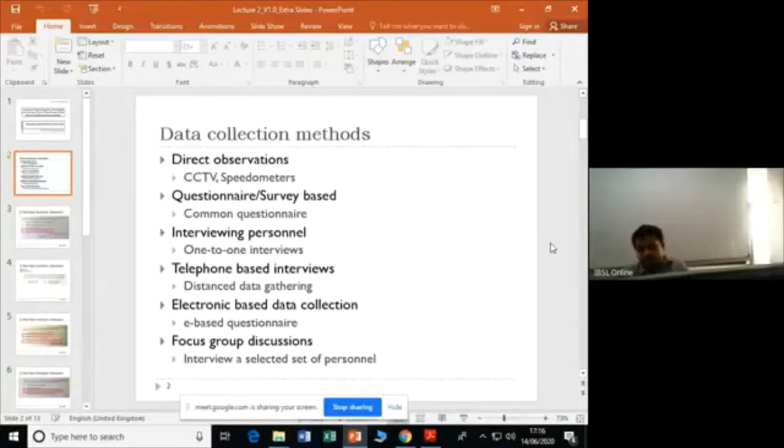For example, if you want to talk to some of the students in India, you may have to use teleconference or Viber, WhatsApp kind of technology. Lastly, you could also use focus group discussion, where you get a set of people into a room or a particular place and give your question and get their responses based on previously known characteristics. So these kinds of methods you could use to collect data.